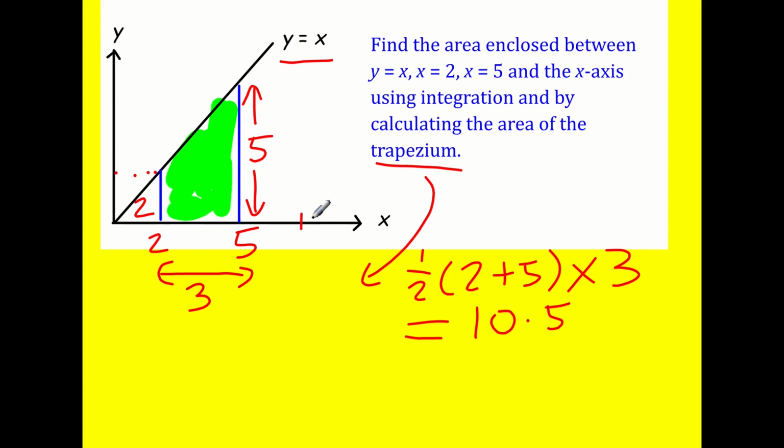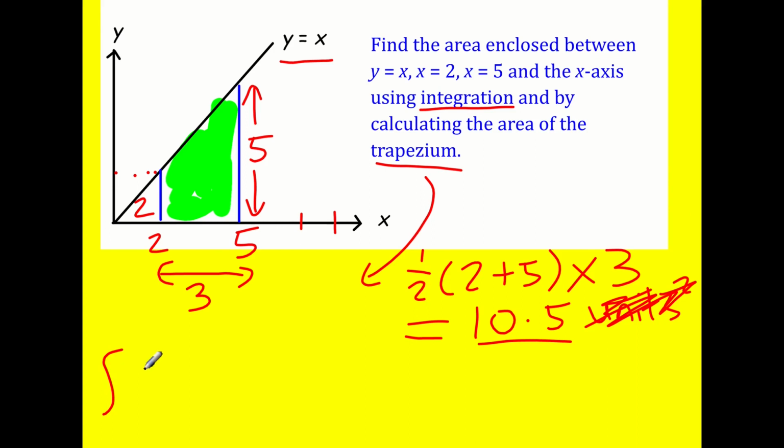Technically, it's 10.5 units squared, but you don't really need to write that. Just be aware of it. Occasionally, you could have some sort of measurement. It will be useful for measurement situations, but right now we're just interested in working out the number.